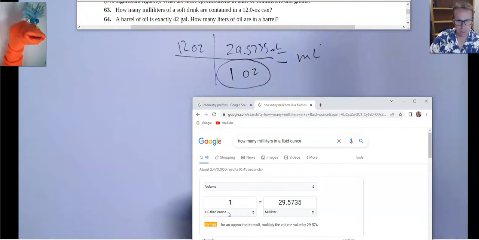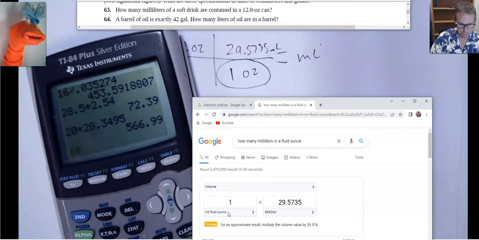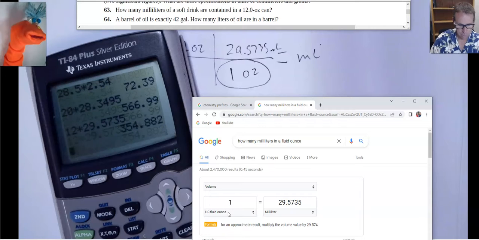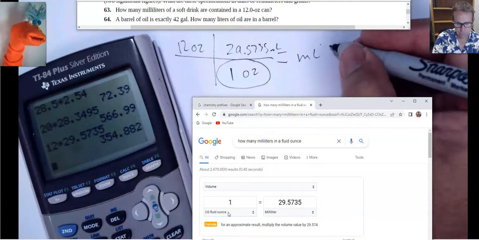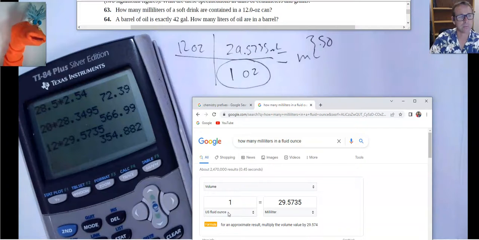So we multiply them, 12 times the value. How many significant digits? Just 2, 350. Good, 350 milliliters.